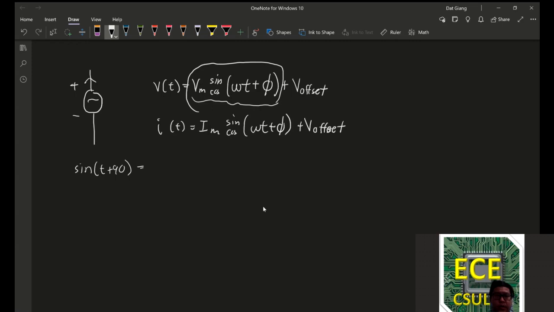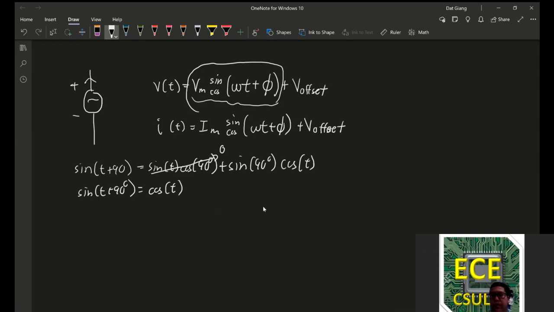Using sine expansion, this is sine of t cosine of 90 degrees, plus sine of 90 degrees cosine of t. So sine of t plus 90 degrees is equal to, this term becomes 0, and then we just have cosine of t. So notice that it doesn't really matter what you pick for sine or cosine.